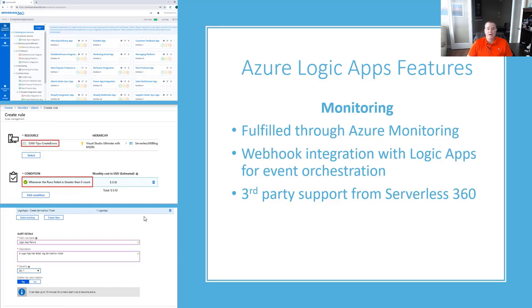We also have monitoring that exists inside of Azure. And as a result, we can take advantage of Azure Monitor and webhook integration for Logic Apps to provide a more robust monitoring experience than we would see inside the Power Platform. On top of that, there also is support from a third party as well.